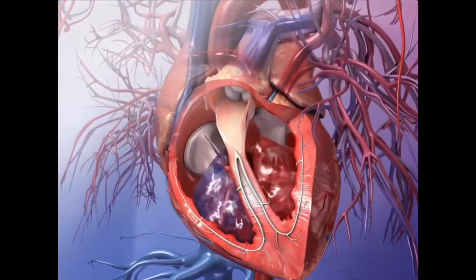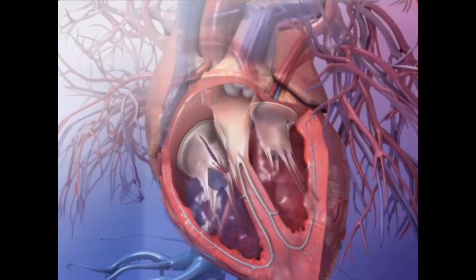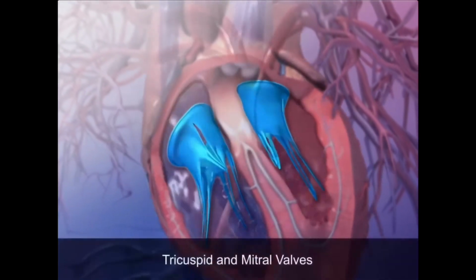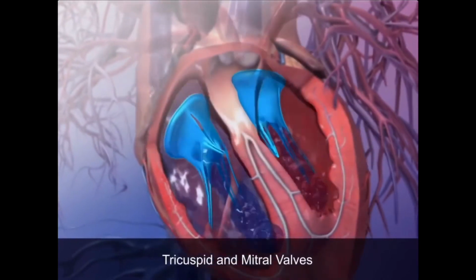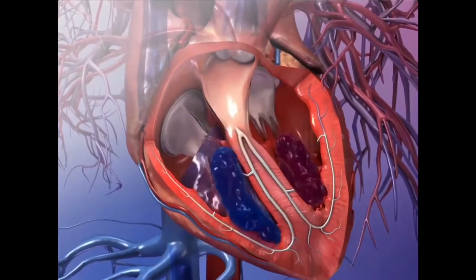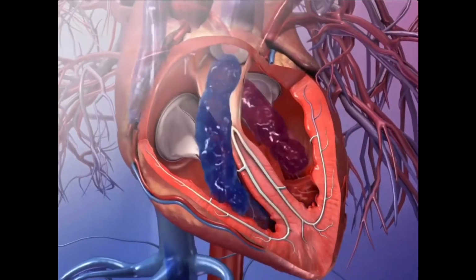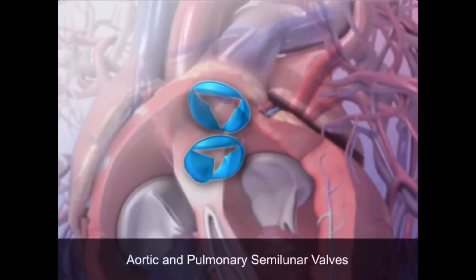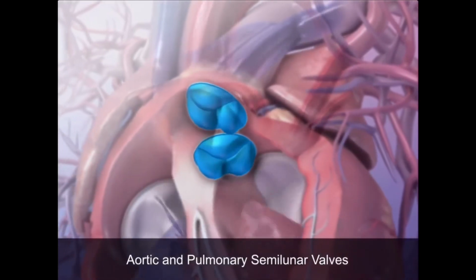So this is just a quick recap of the importance of valves in terms of blood flow. You're seeing here how the valves are working, their location, their names, and when they are dealing with oxygenated blood or deoxygenated blood.